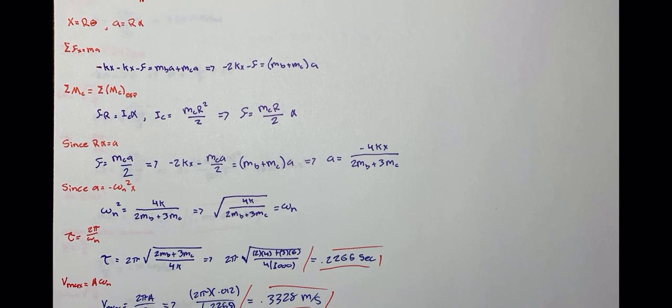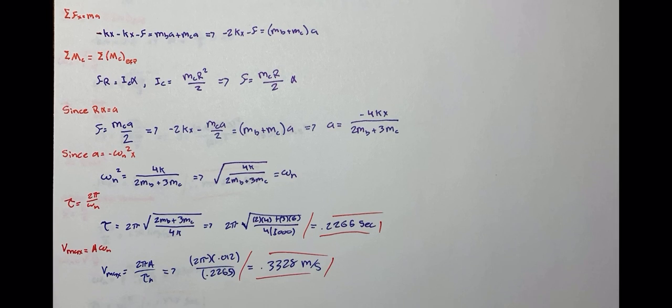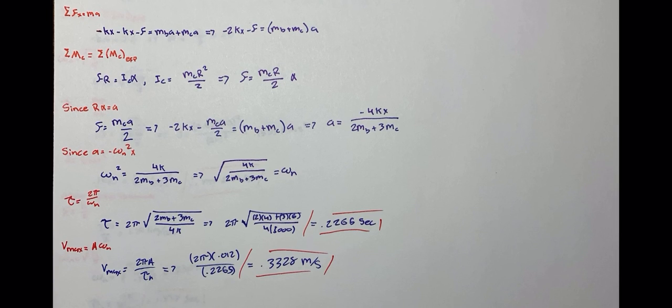And then we know that a is equal to negative omega n squared times x. If we plug that in, we get omega n is equal to the square root of 4k over (2mb plus 3mc). Knowing that the period is equal to 2 pi over the natural frequency, we can plug in all our knowns and get 2.265 seconds for the period.